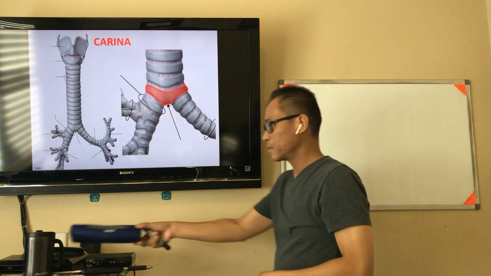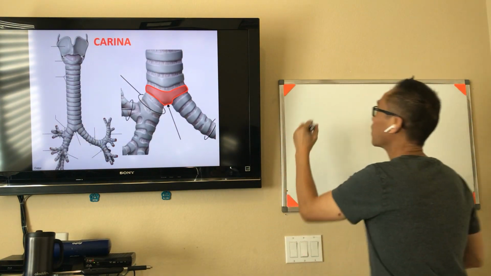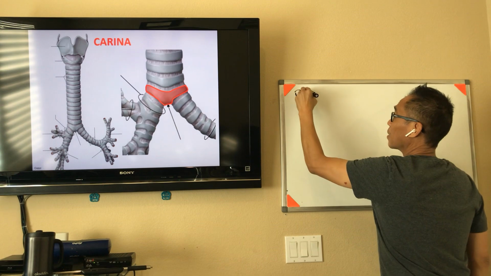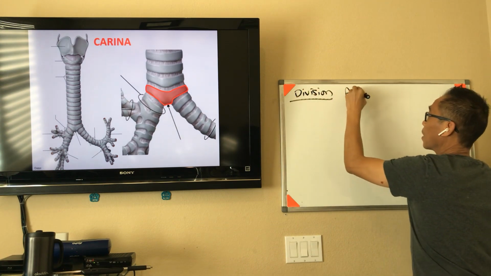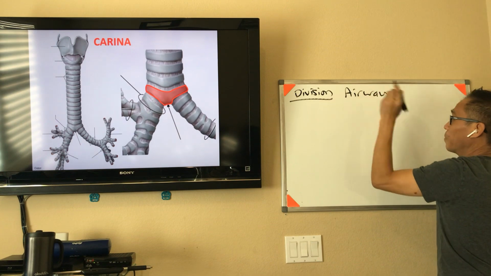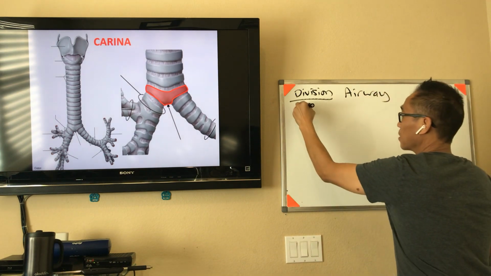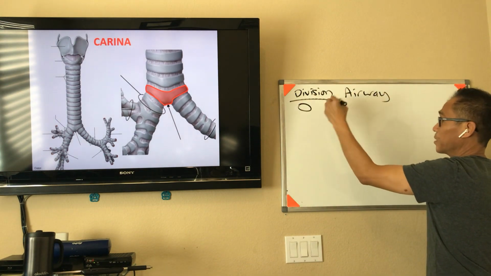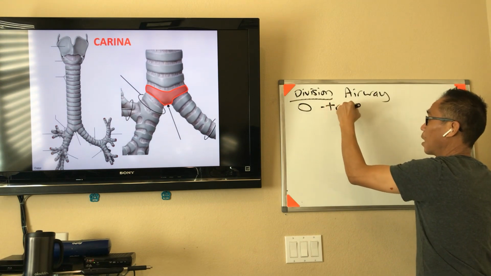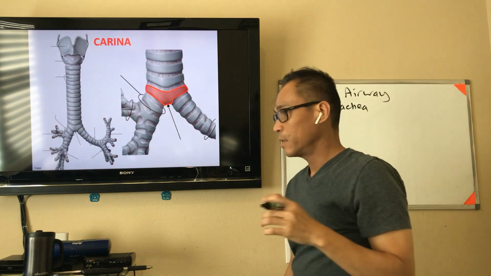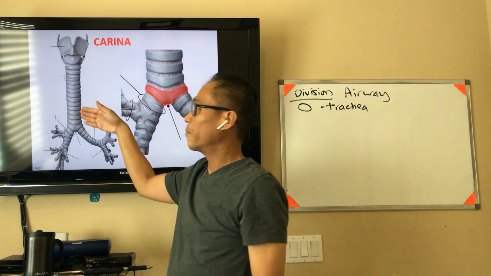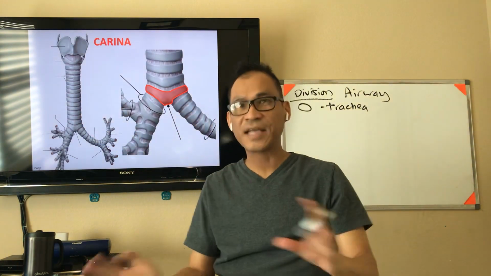So we'll discuss the division and the airway. Before the airway divides, call it division 0, the airway is the trachea. This is your main conducting airway, and what we just discussed, it's a conducting airway. There's no gas exchange.